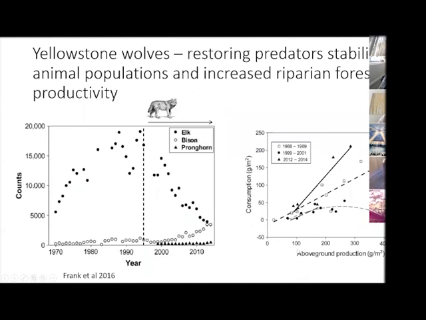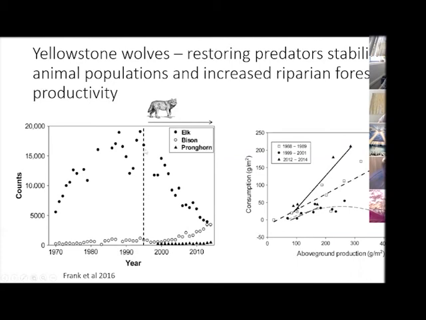In particular, this is some data from the papers that have come out on trying to understand the effects of wolves on woody plant productivity here. What happened was with the loss of wolves, we had lots and lots of elk.